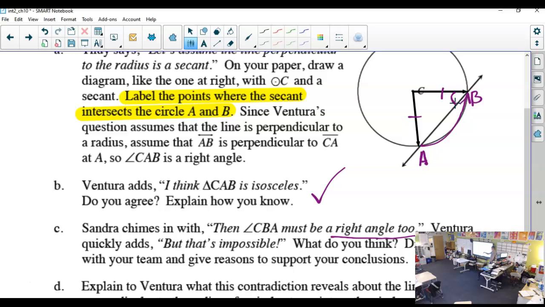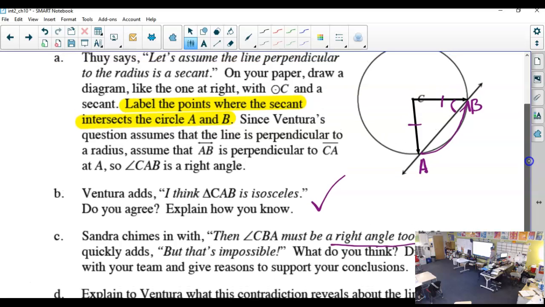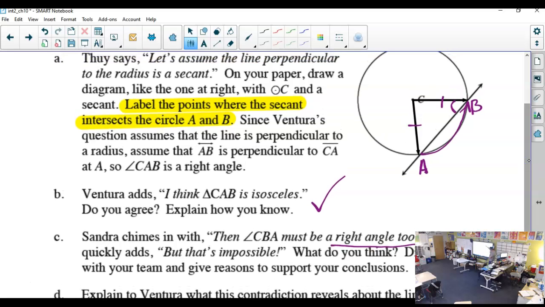Now, as we've already said, there's a lot of assuming happening here, which is a bad thing. And kids are just saying stuff. We don't necessarily know that it's true. So let's assume again, the line perpendicular to the radius is a secant.